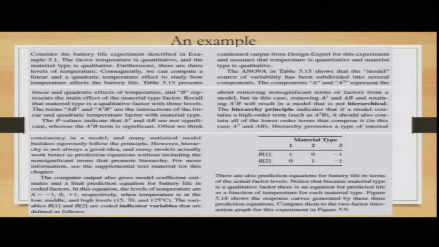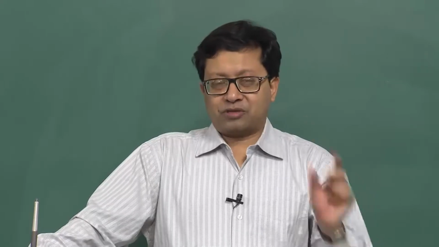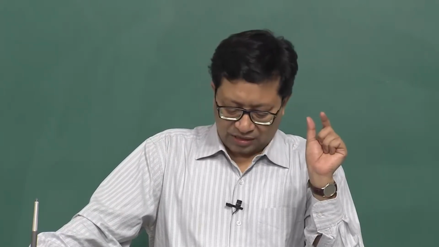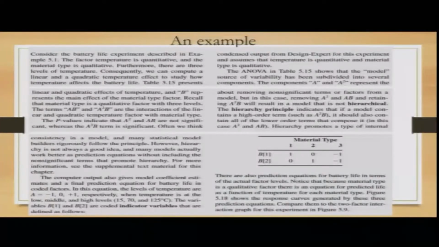These would be the design expert's comments for this experiment, and we would assume that the temperature is qualitative and the material type is also qualitative. That means we are converting the temperature from the quantitative scale to the qualitative scale. But obviously, your question would be: when we are converting these temperatures of 15, 70 and 125, the difference between 15 and 70 is 55, and from 70 to 125 is also 55.